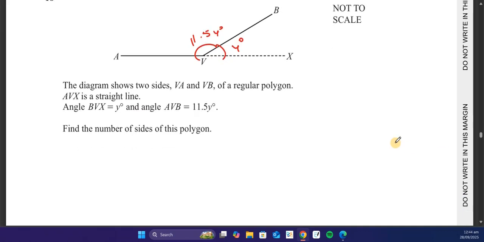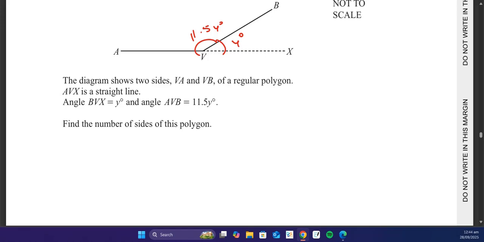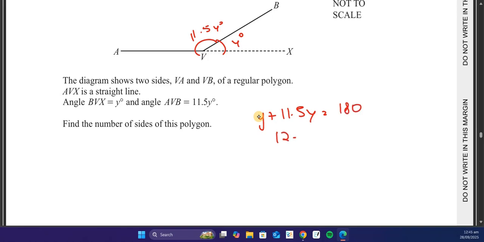What we're basically going to do is say y plus 11.5y is equal to 180, right? That would give us 12.5y, and y would be 180 over 12.5, which gives us 14.4.